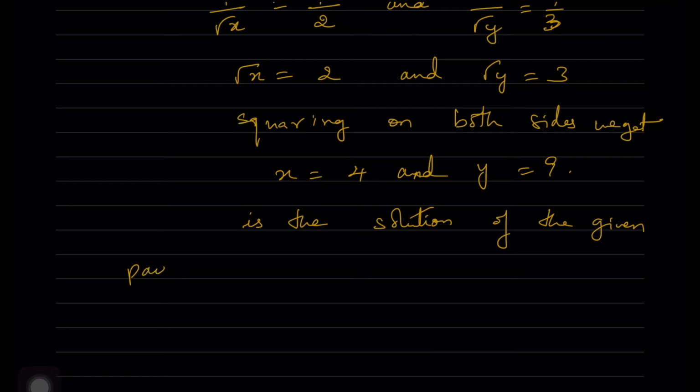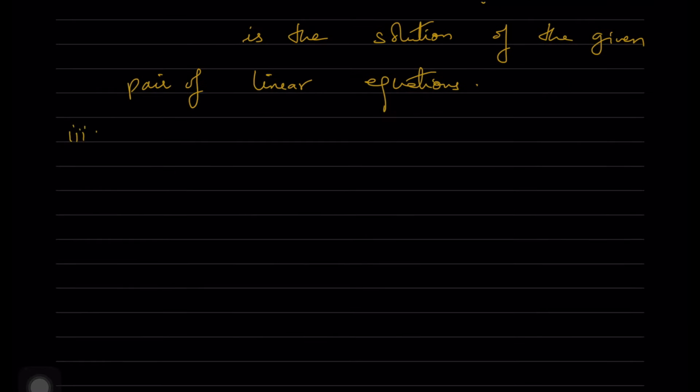Now going into the third problem. 4 by x plus 3y is equal to 14 and 3 by x minus 4y is equal to 23.